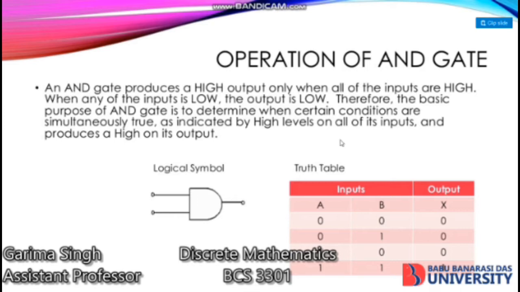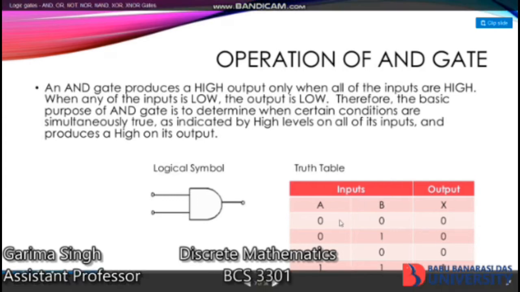Therefore, the basic purpose of an AND gate is to determine when certain conditions are simultaneously true, as indicated by a high level on all its inputs, and produce a high on its output. This is the logical symbol and this is the truth table.